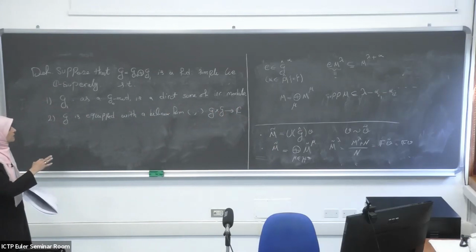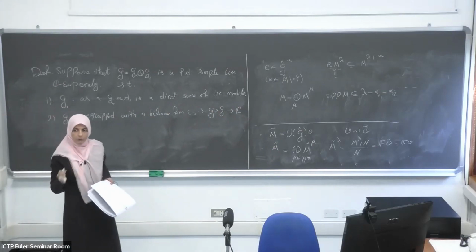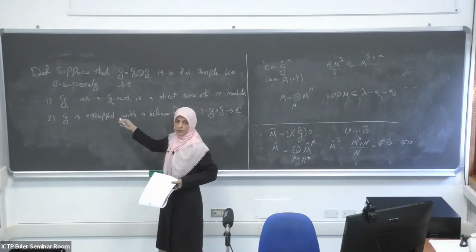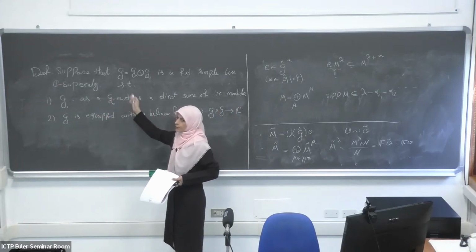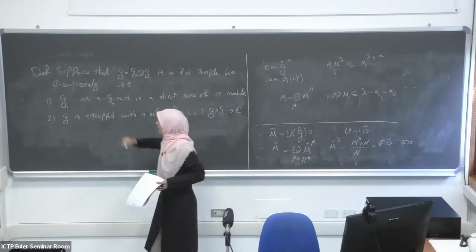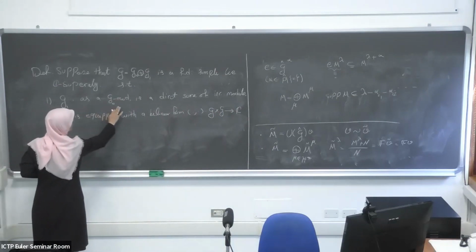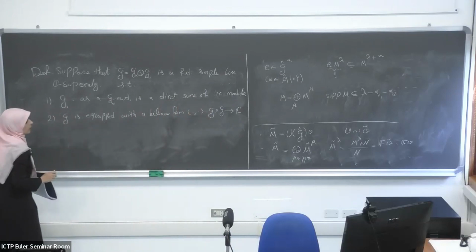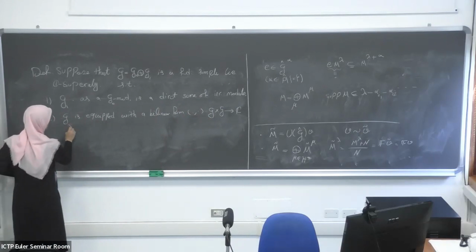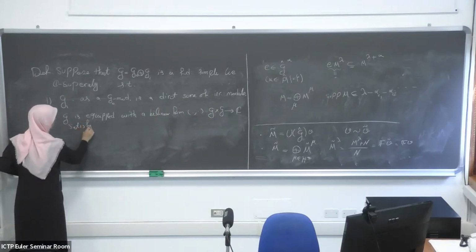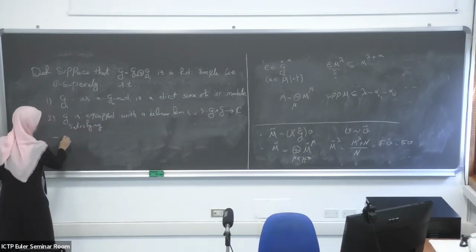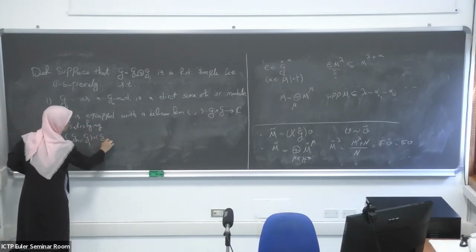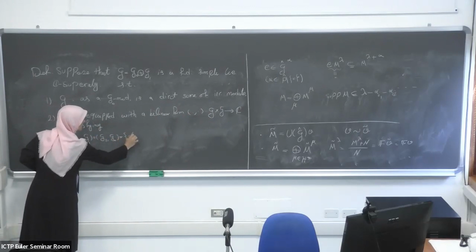I just put it to C because in the literature, the definition of this kind of superalgebras is just superalgebras defined over C. Because of that, I put C here. Okay, G1 as a G0 module is a direct sum of irreducible modules. G is equipped with a bilinear form satisfying F of G1, G0 equals 0.